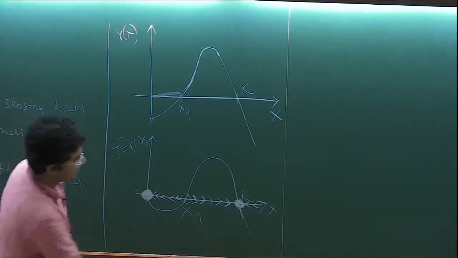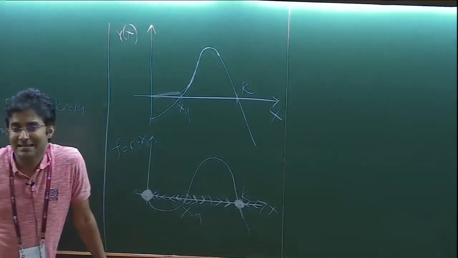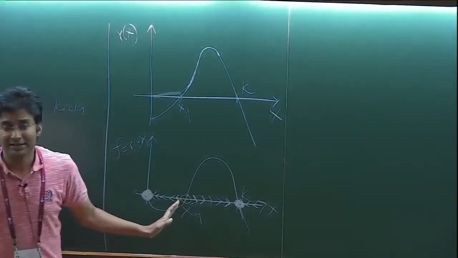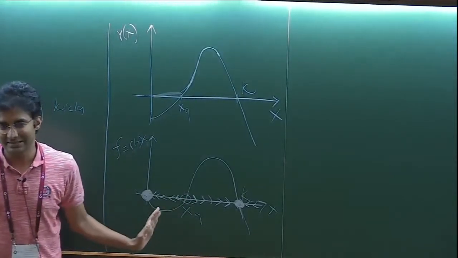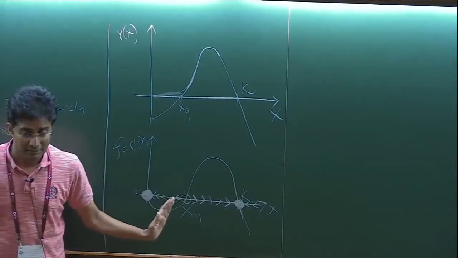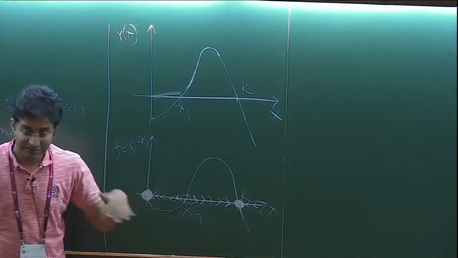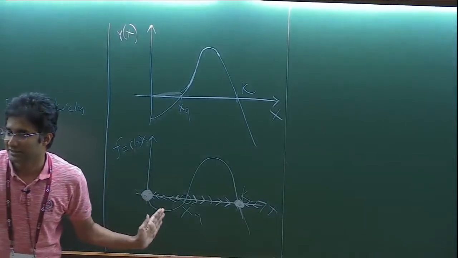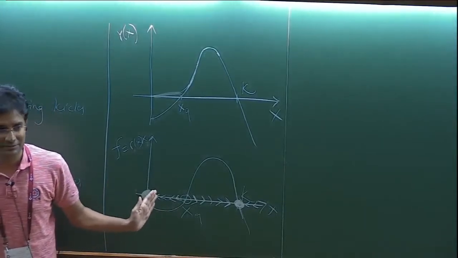So, which means that if you want the population to reach the carrying capacity k, you need to make sure that they never go below a threshold density. If they ever go below a threshold density for any reasons, they might just collapse to extinction. There might be local extinctions in those areas.